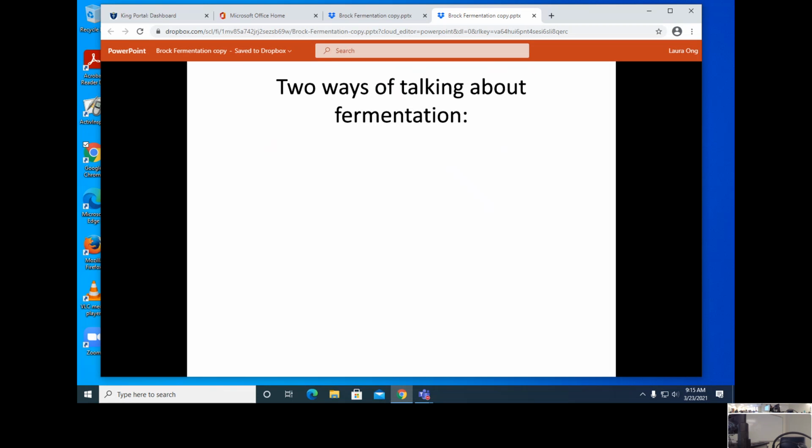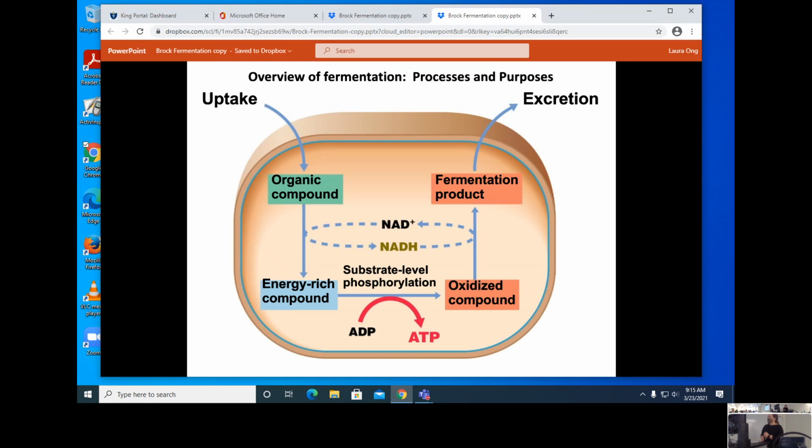Or lactose fermentation, that's named by the starting material. And that way is named after the organic compound that's starting the whole process. So the starting material, that's the organic compound. We can talk about that style of fermentation.